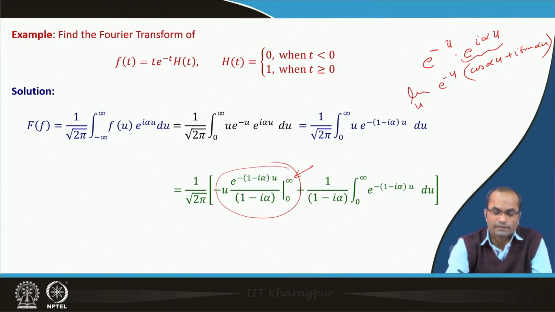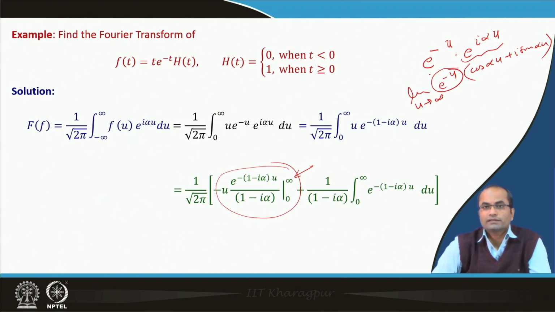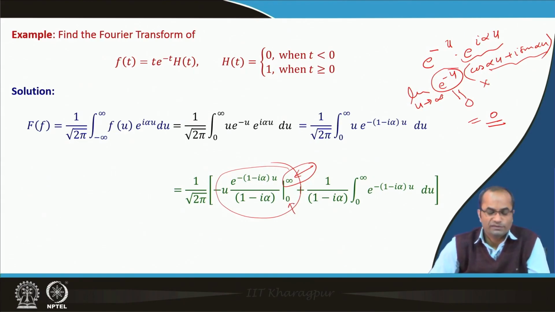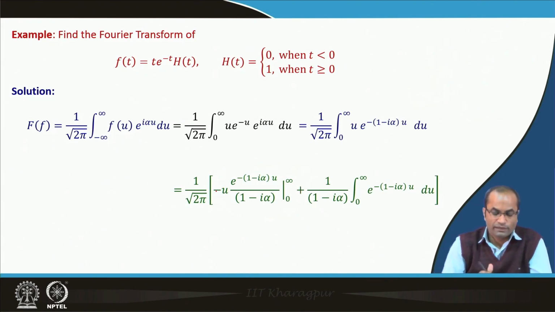If we take the limit as u approaches infinity, since it is e^(-u), the negative exponential will go to 0, and this other factor is something bounded. So everything will go to 0. This term will vanish, and also because u is sitting there, that term will also vanish.